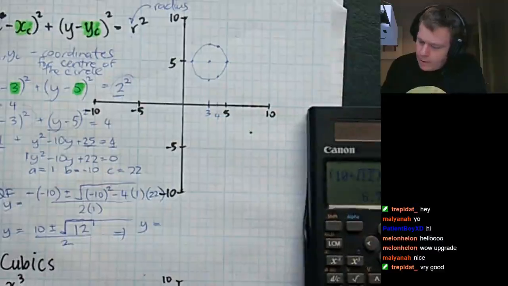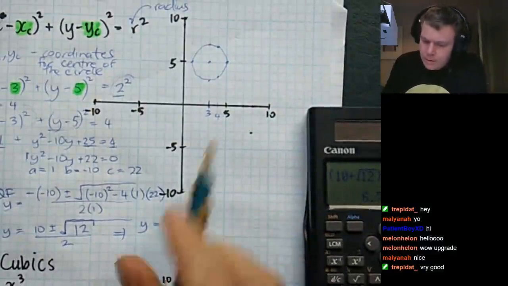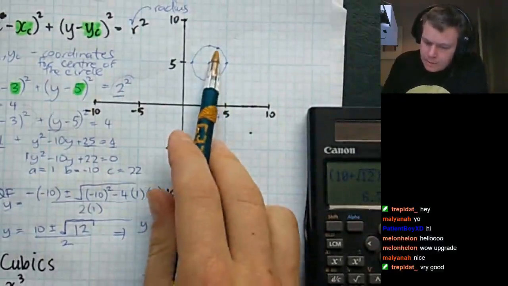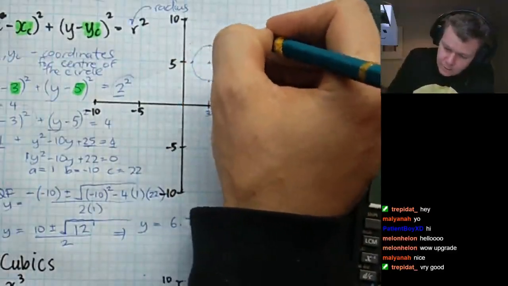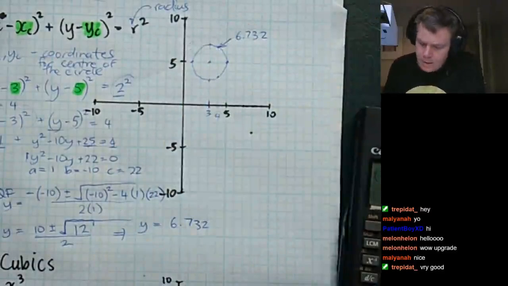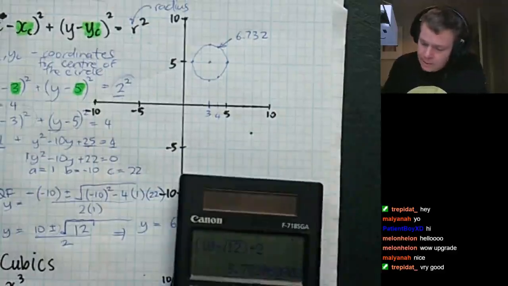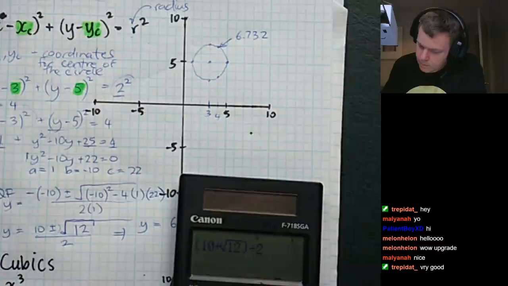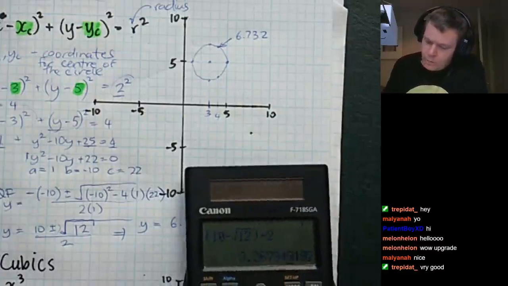So one answer is 6.732. If we think back to our diagram, that would be this value here, 6.732. And if we change our plus to a minus in our quadratic formula, it's going to be 3.267.